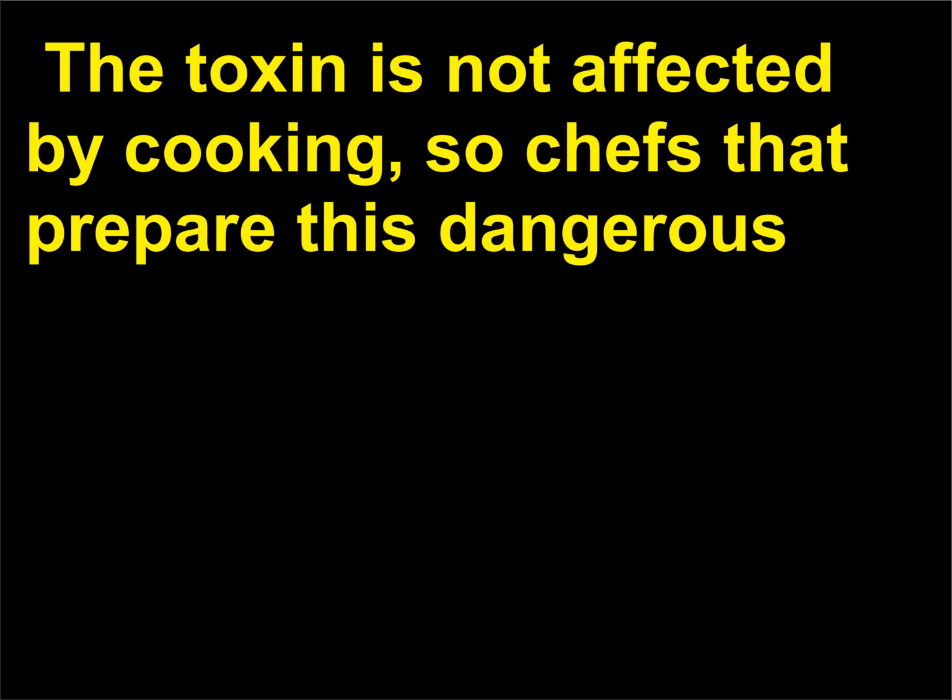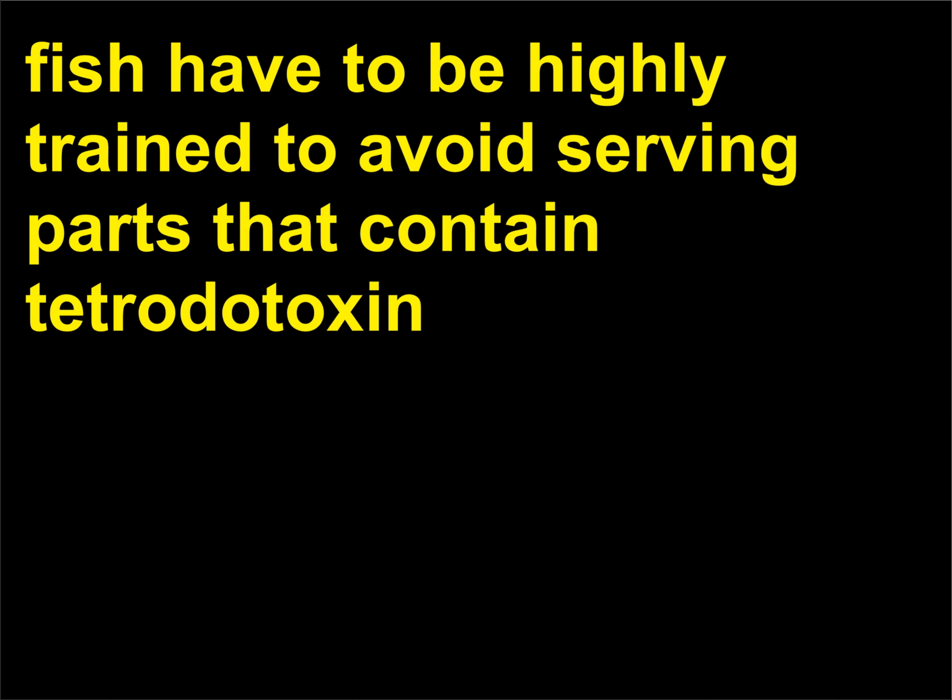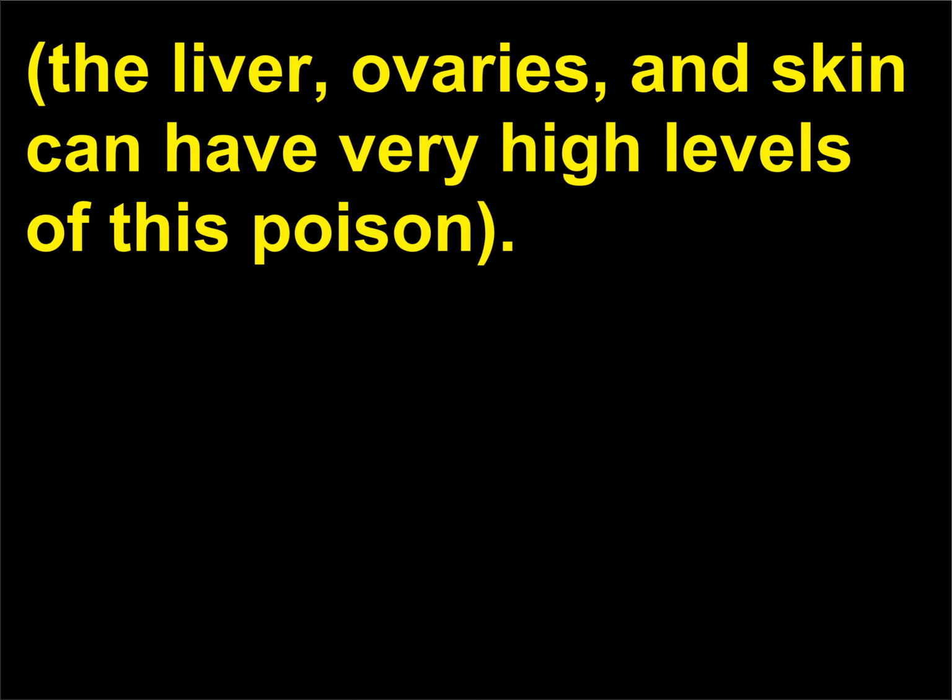The toxin is not affected by cooking, so chefs that prepare this dangerous fish have to be highly trained to avoid serving parts that contain tetrodotoxin. The liver, ovaries, and skin can have very high levels of this poison.